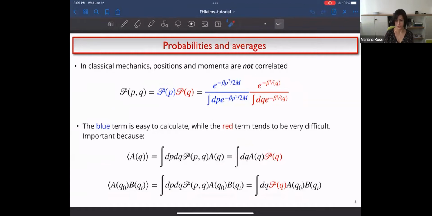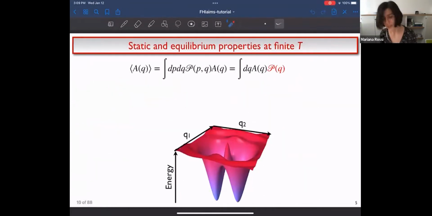So what do you do in order to calculate this if you don't know an analytical expression for it? The first thing you can think about is to do what the expression tells you to do. It's an integral over all the positions of my observable A of Q times this probability distribution.